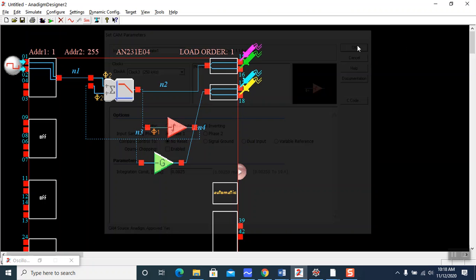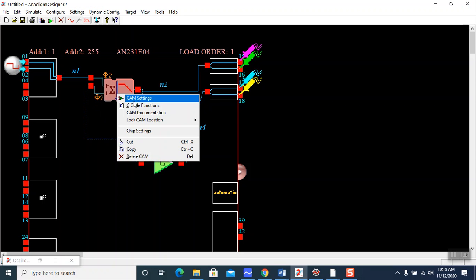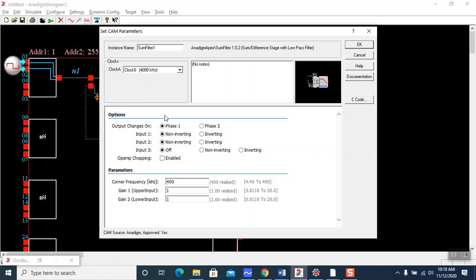All right. And sorry, just to double check here. This clock is set at 4000K, and that's so we can get our filter response.